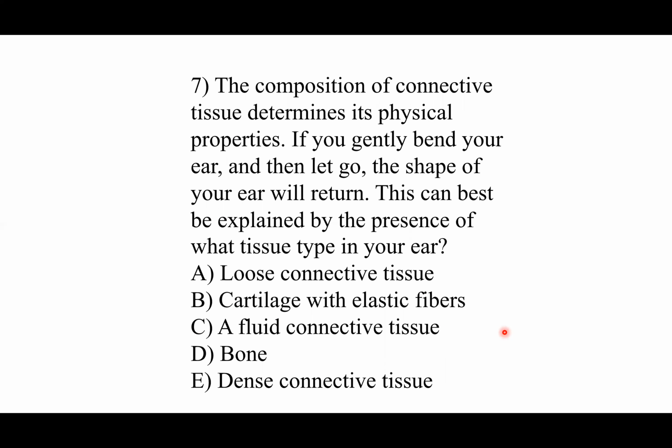The composition of connective tissue determines its physical properties. If you gently bend your ear and then let go, the shape of your ear will return. This can best be explained by the presence of what tissue type in your ear? B, cartilage with elastic fibers. Now, you may be familiar with what's made up of cartilage in the body, for example, your ear. But some of these you can certainly rule out.